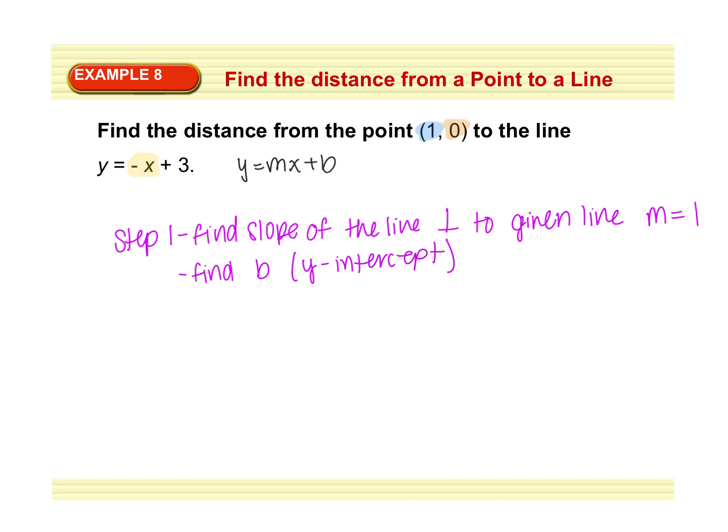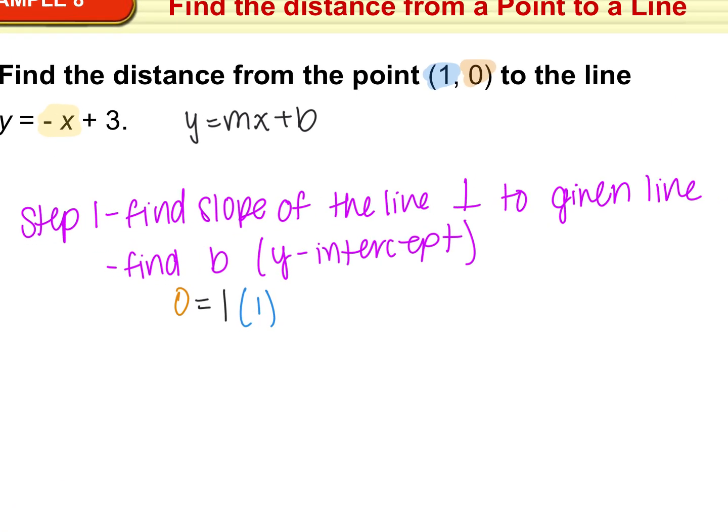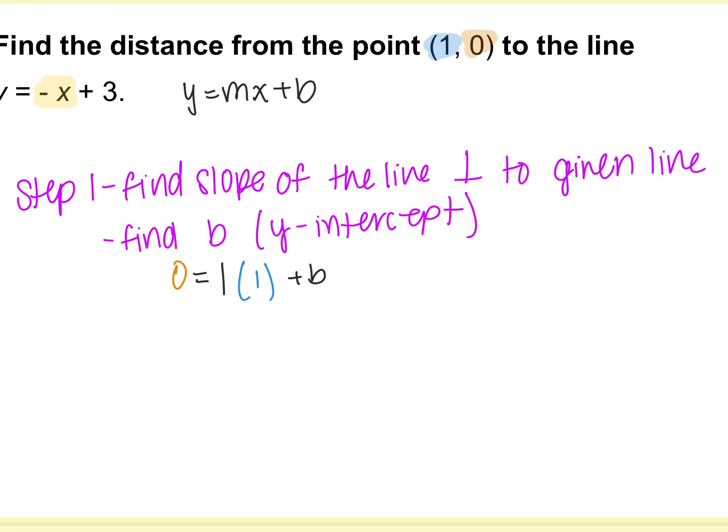Plugging it in, I'm going to have 0 equals my slope, which is 1, times 1, plus b. So 1 times 1 is 1. Subtract 1 from both sides, and negative 1 is going to equal b.